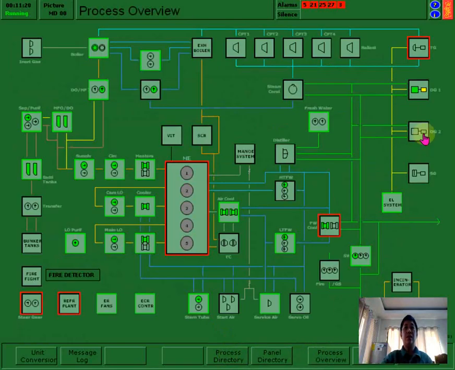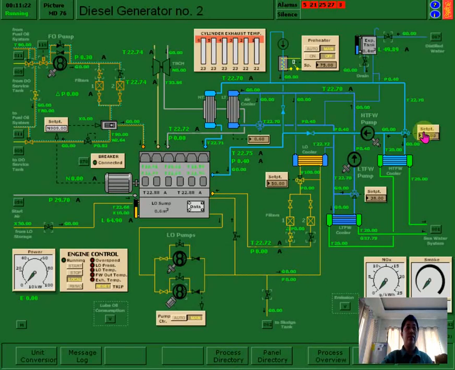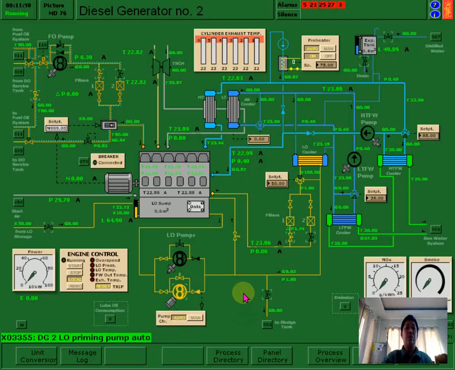In the process overview for DG2, since this is ready, there's already air, oil, and cooling water ready. So I'll put the preheater into automatic, and we will put also the low oil primary pump into auto.